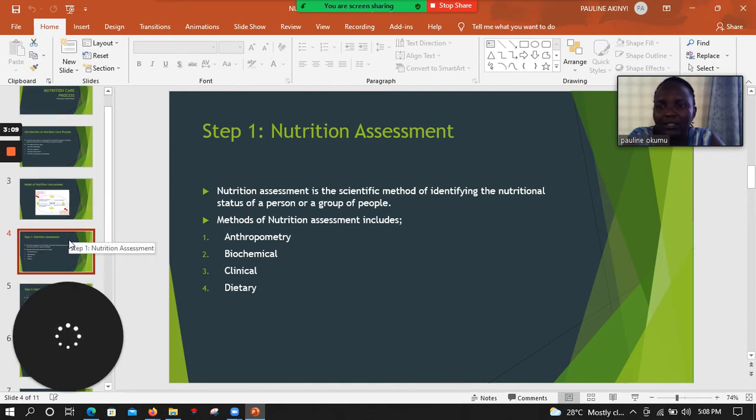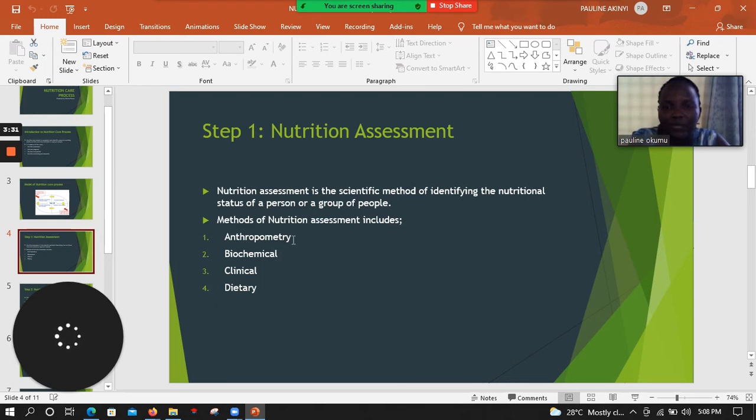Anthropometry basically is determining nutrition status of a person by measuring the body or body parts so as to know their nutrition status. For example, taking the weight of a person or the height of a person and using the two to identify the nutrition status.